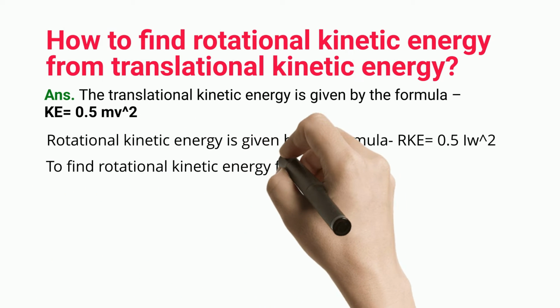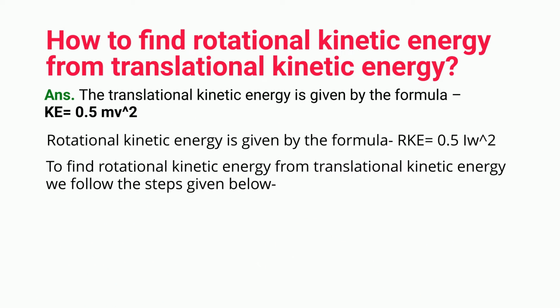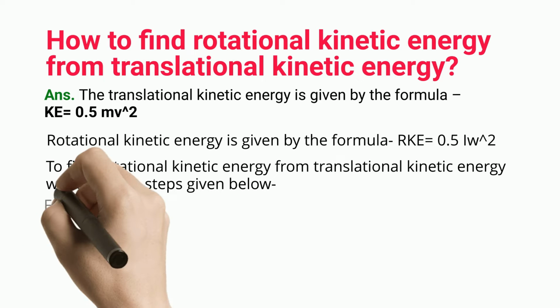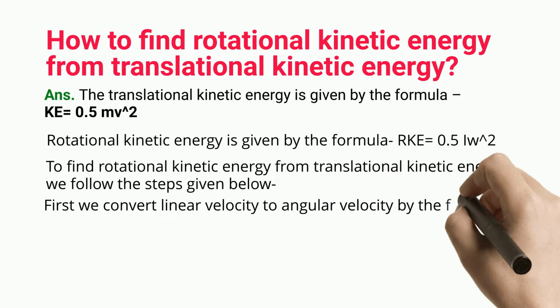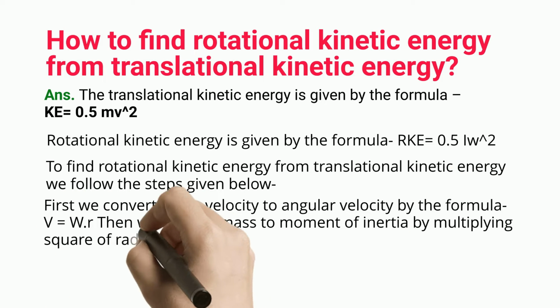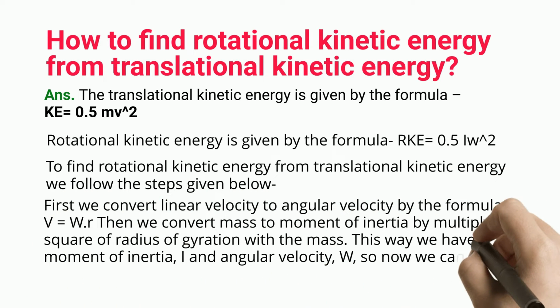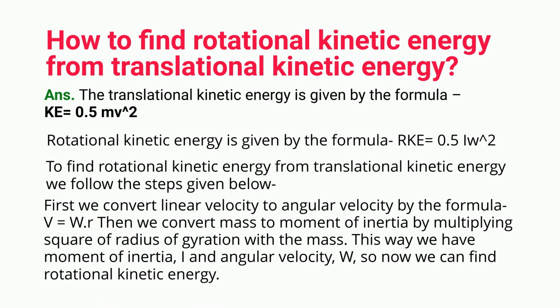To find rotational kinetic energy from translational kinetic energy, we follow the steps given below. First, we convert linear velocity to angular velocity by the formula v equals ωr. Then we convert mass to moment of inertia by multiplying the square of the radius of gyration with the mass. This way we have moment of inertia, I, and angular velocity, ω, so now we can find rotational kinetic energy.